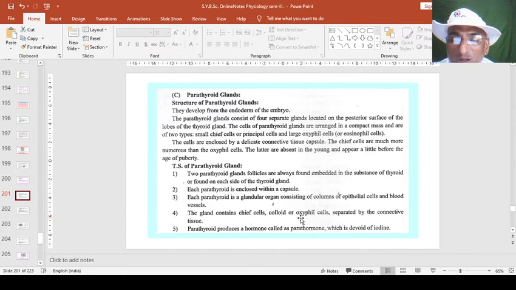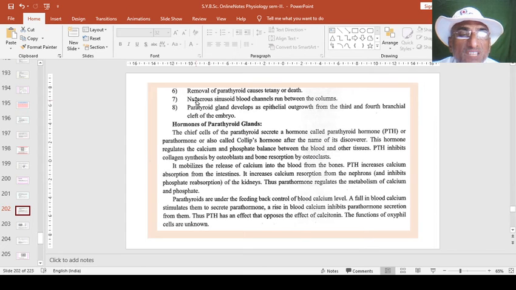Then there are oxyphil cells, separated by connective tissue. The parathyroid produces a hormone called parathormone, which is devoid of iodine, means there is no iodine. So this is the arrangement of these parathyroid glands. Then removal of the parathyroid causes tetany or death, which is also a function.